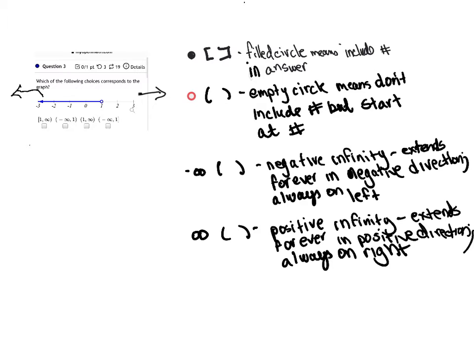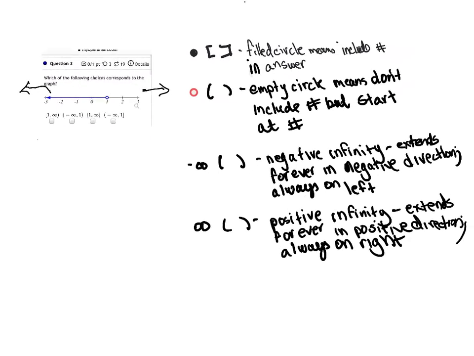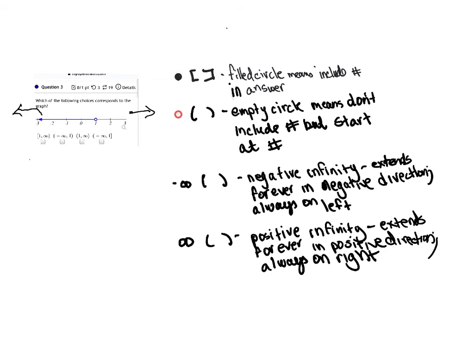So if we look at this, we have an empty circle at 1, and it's extending forever in the negative direction. So negative infinity is always on the left, and it always has a parentheses. So we're going to have negative infinity, and notice it has a parentheses because the smallest is always on the left, largest is on the right, and it's at a 1.